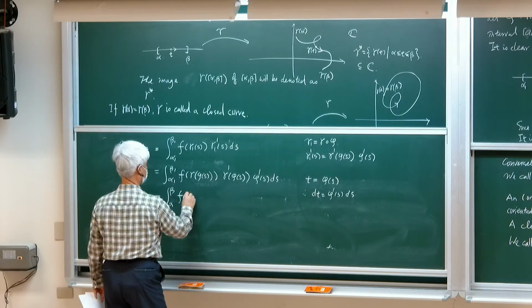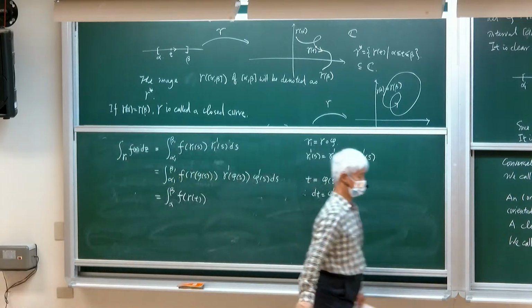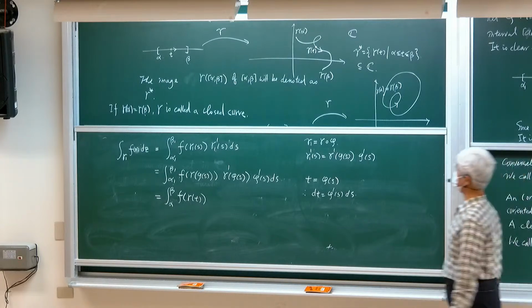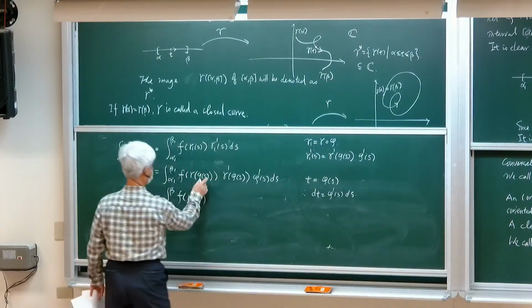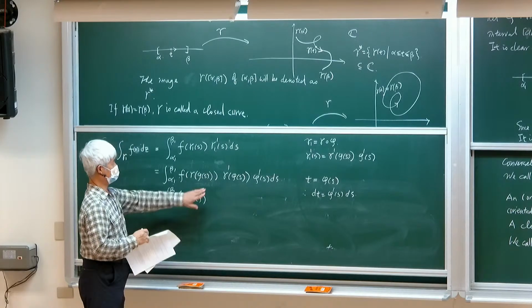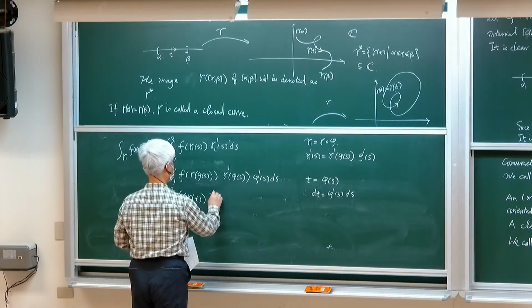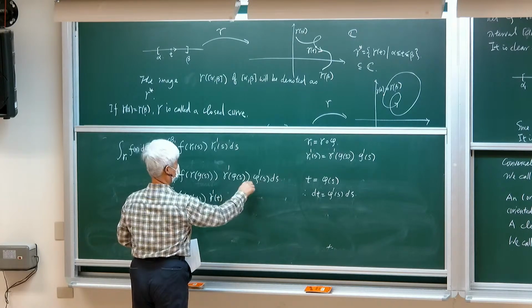This is F of gamma of t, gamma prime of t, dt.